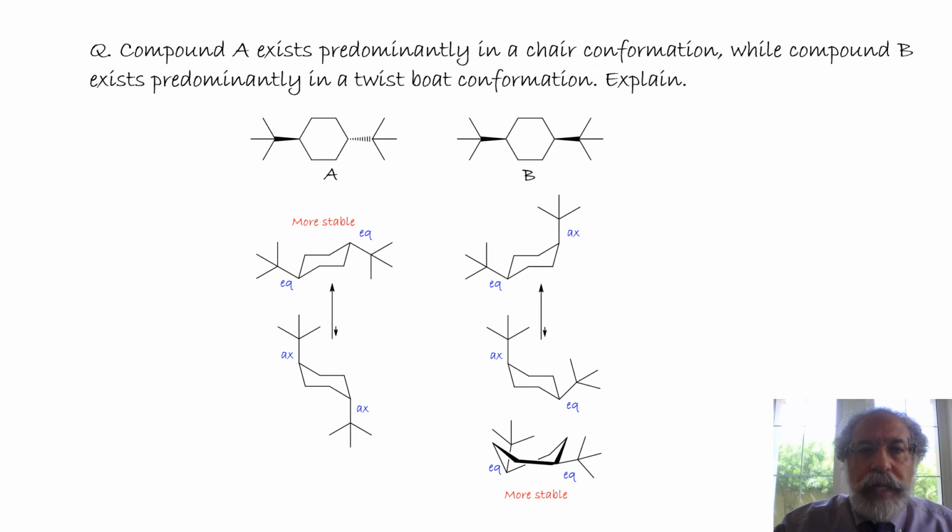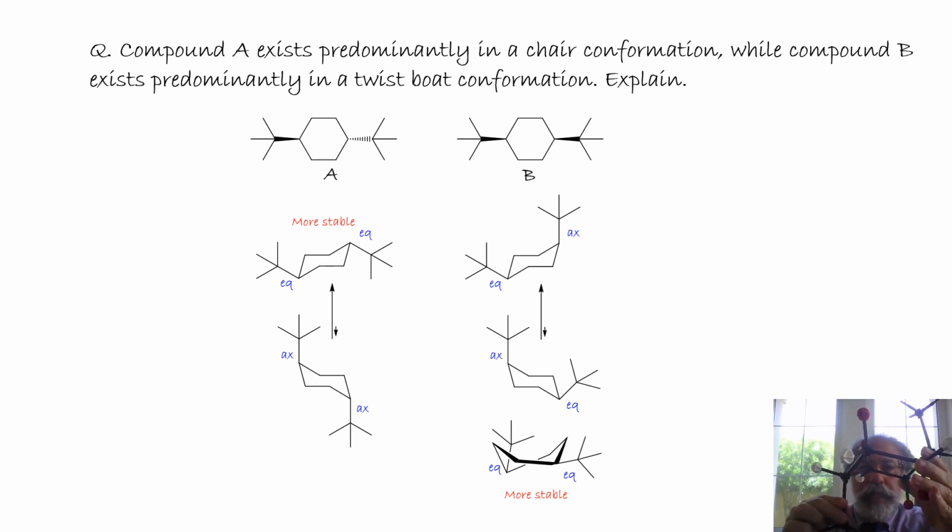A compound A exists predominantly in a chair conformation, while compound B exists predominantly in the twist boat conformation. Explain. Molecule A, the tertiary butyl group is down, and the tertiary butyl group here is up.